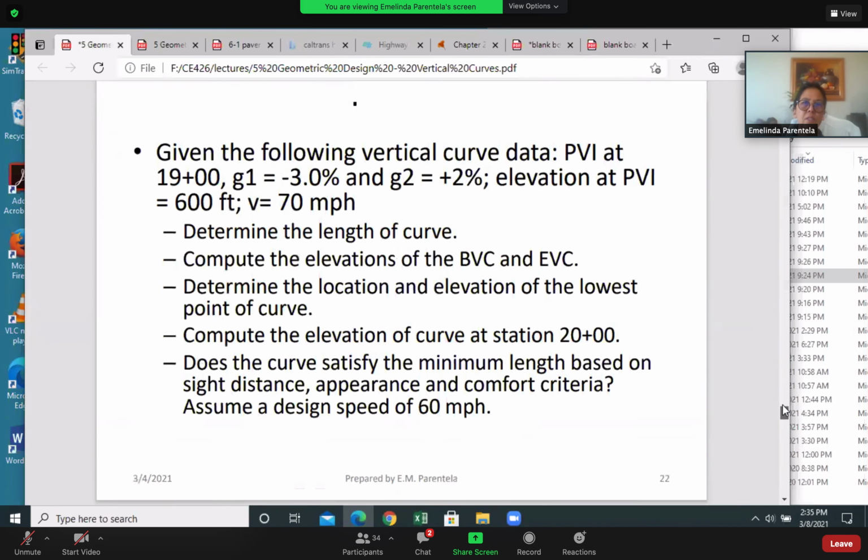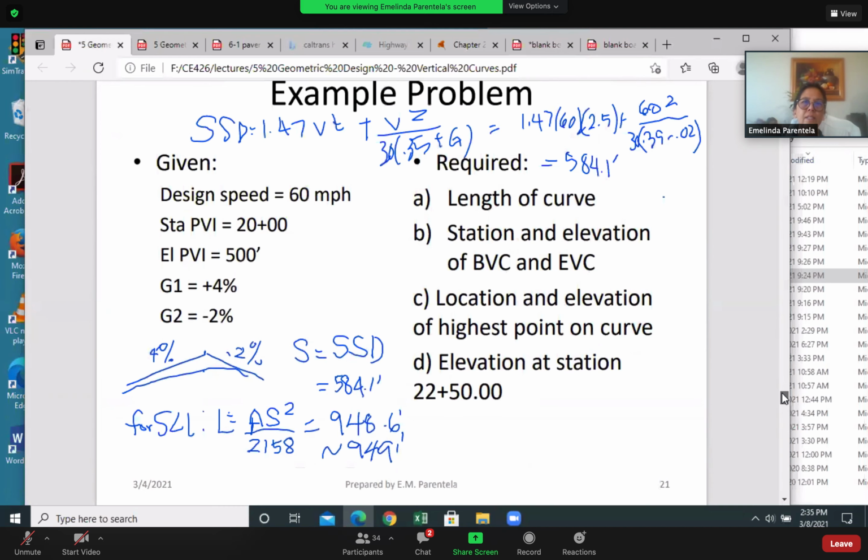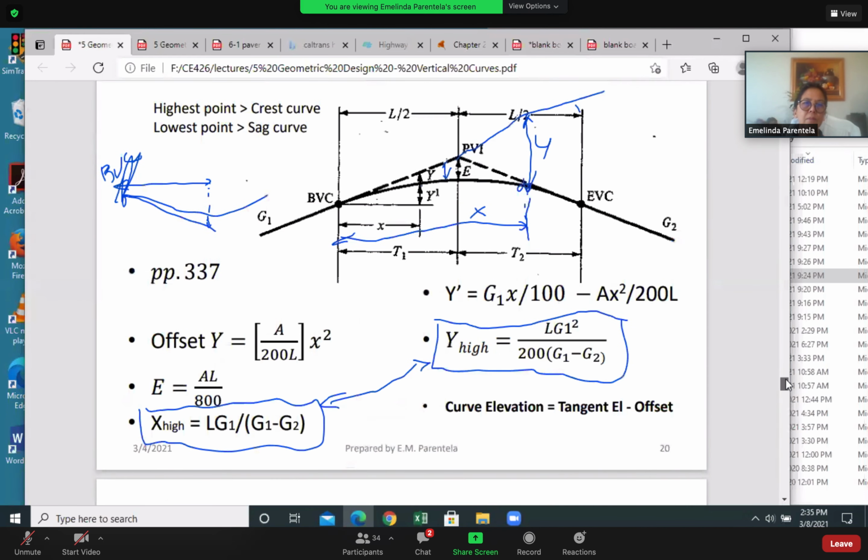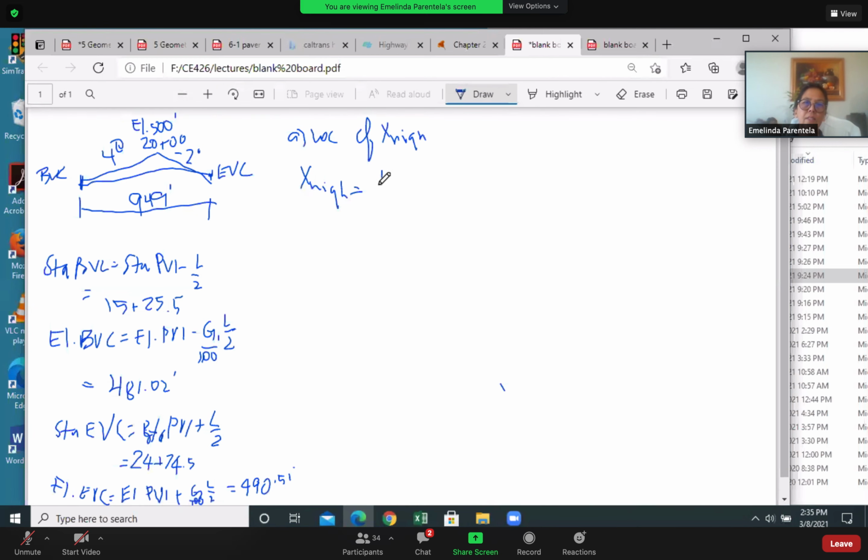So that's how you determine your X high. And that will give you your X, the location of the highest point.